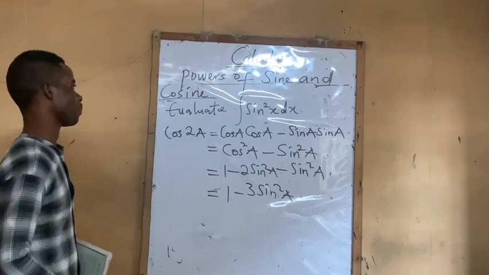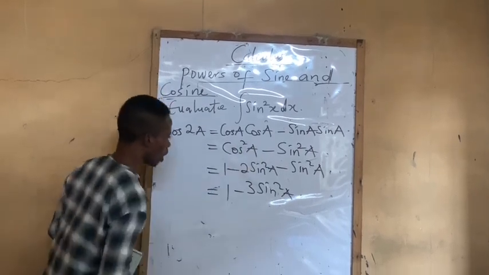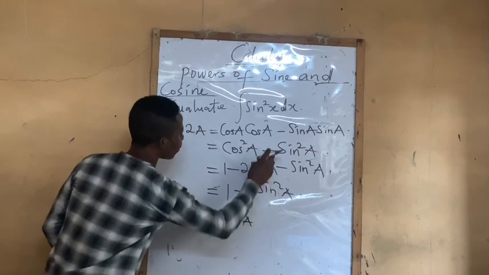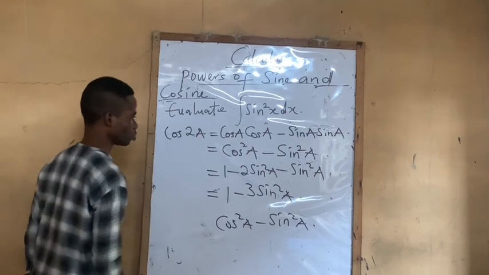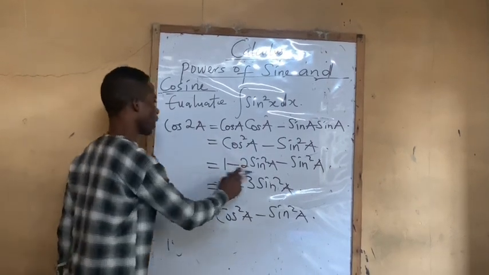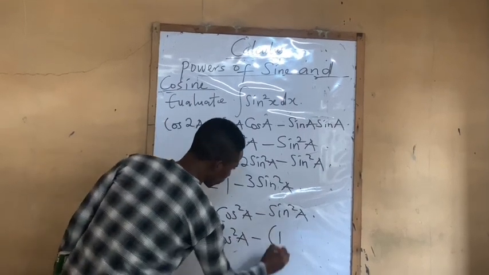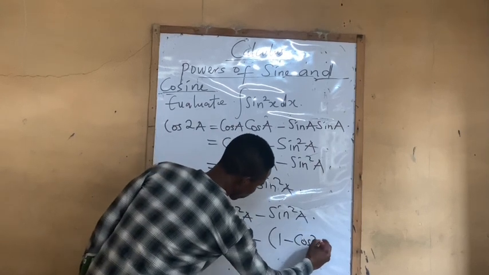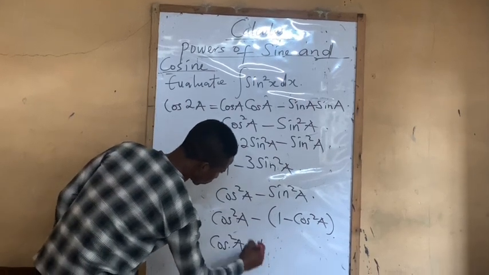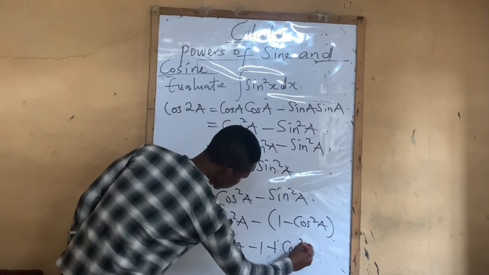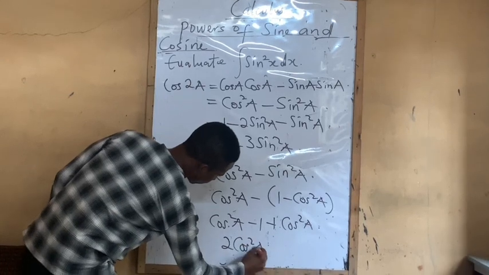Now again, I can also say, if I have cos square a minus sine square a, I can also make this one stay and say cos square a minus open bracket 1 minus cos square a, which is cos square a minus 1 plus cos square a, that is 2 cos square a minus 1.